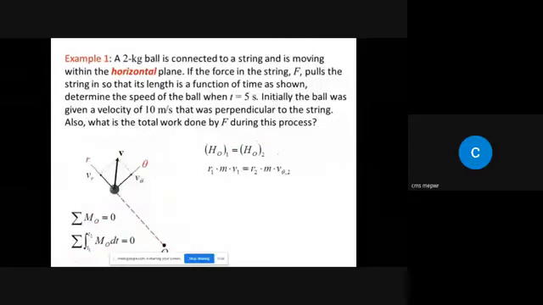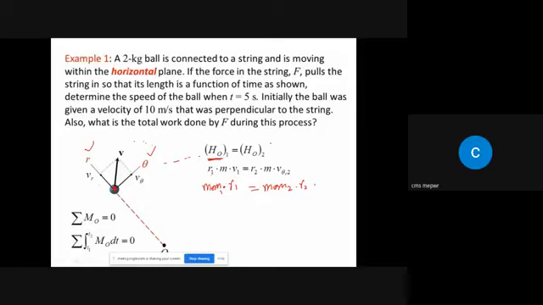As I have told you, we need to use the r theta components. So let's say this is r, the radial component, and this is the theta component. The velocity will have v theta and vr. This is momentum times moment arm before, which should be equal to momentum times moment arm after, right?